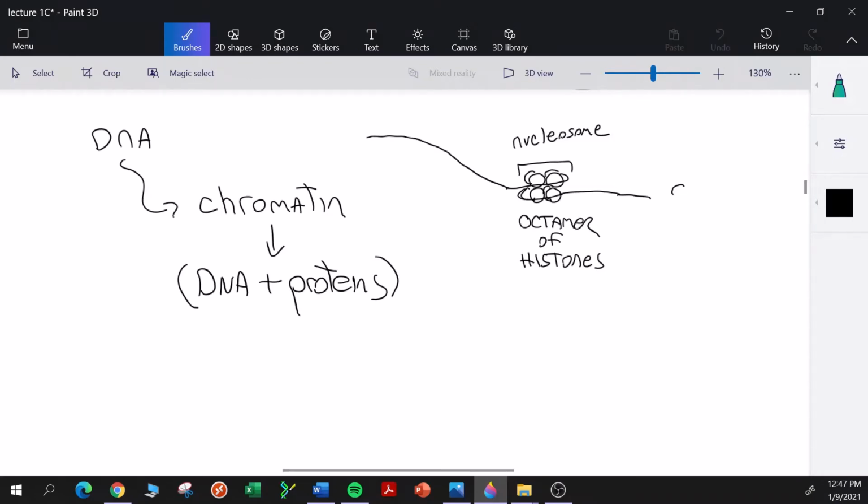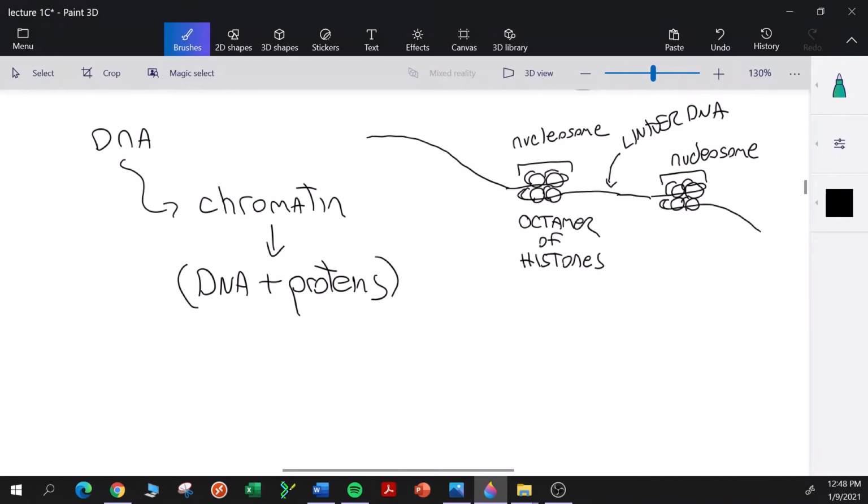Now, if that's one nucleosome on the left, and here is another one, each of these histones is being represented by a circle, and I'm showing this octamer of histones here, and I'm going to wrap around that DNA again. So we have a second nucleosome over here, and that DNA between the 2 nucleosomes is called linker DNA.